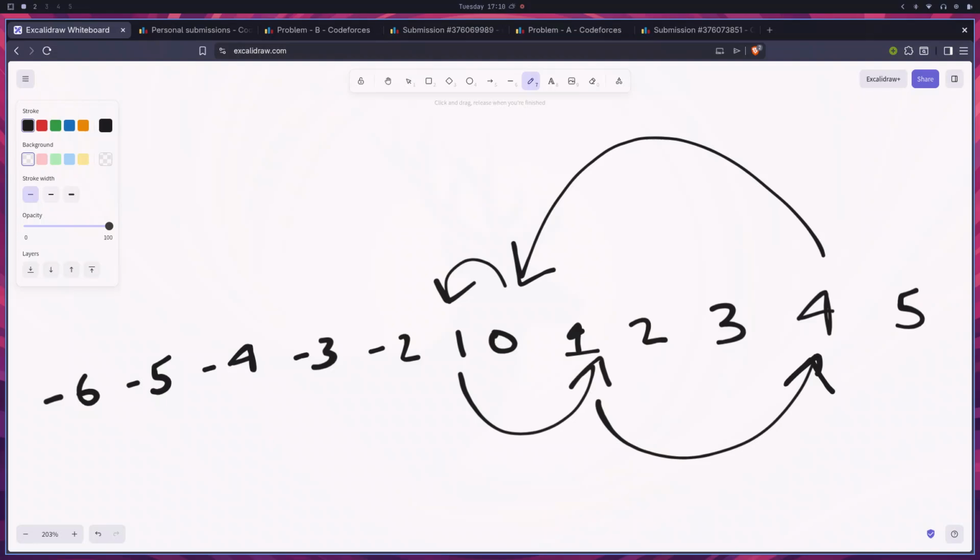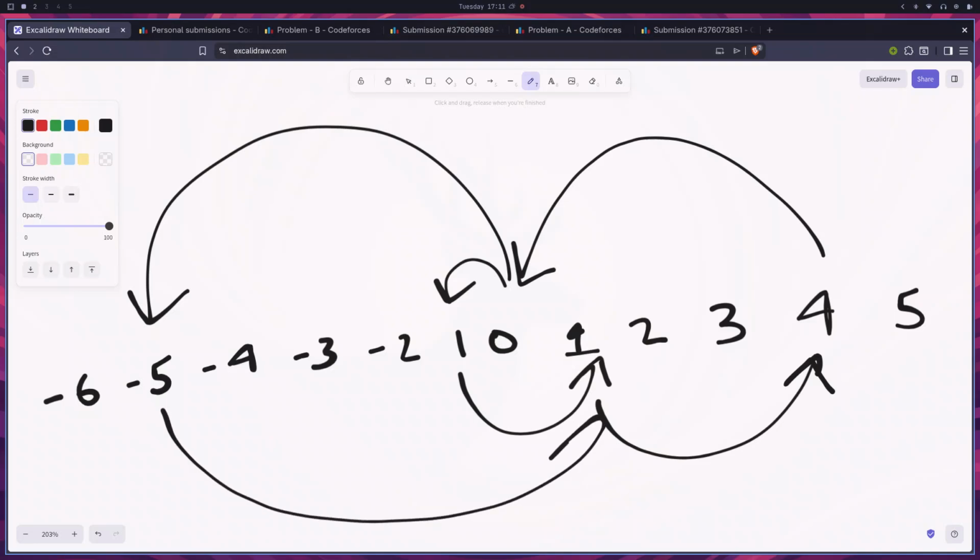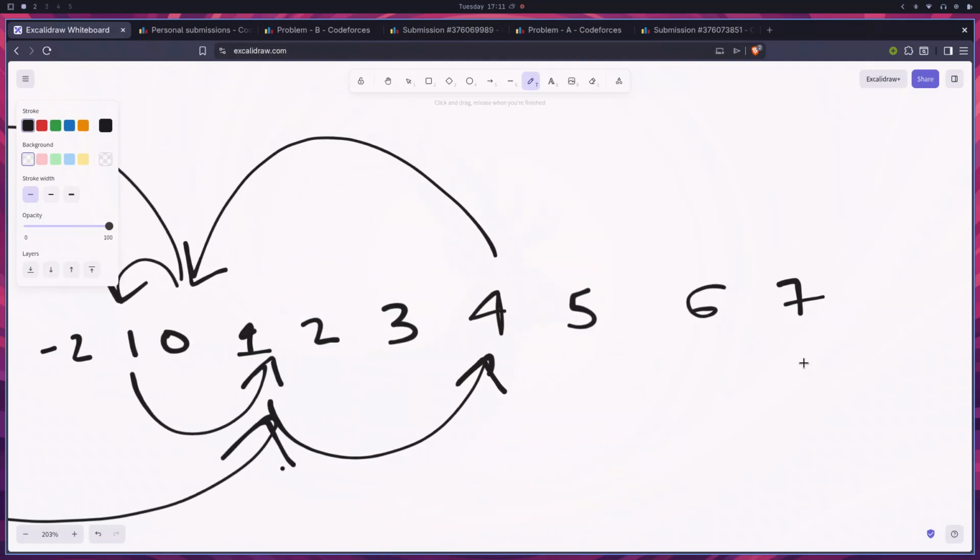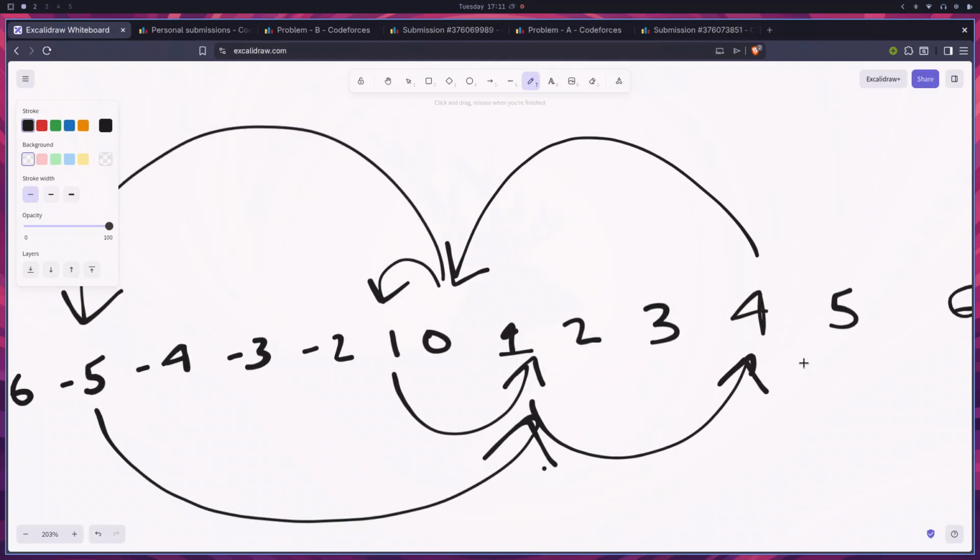The next jump will have 5 distance units, so towards the left as 0 is even. From here, minus 5 is odd, so it will move towards the right by a distance of 6. Then again from here, it will be odd, so towards the right by a distance of 7, as this is the seventh jump.